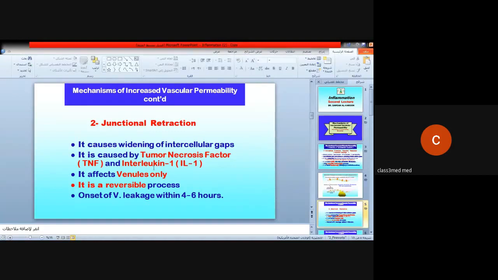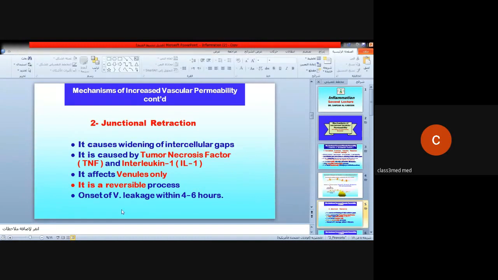These chemical mediators cause junctional retraction, while in the first mechanism, histamine, serotonin, bradykinin, and other mediators cause contraction of endothelial cells. This mechanism also affects the venules only, and it is also a reversible process. The wall of the venules returns to normal.